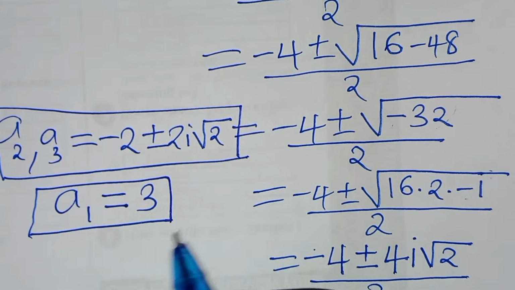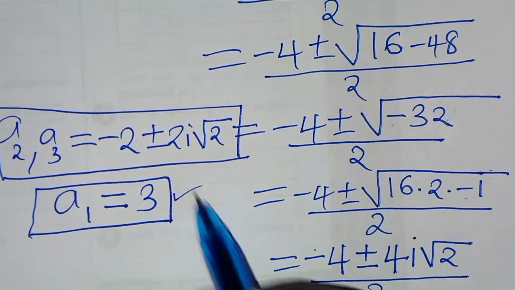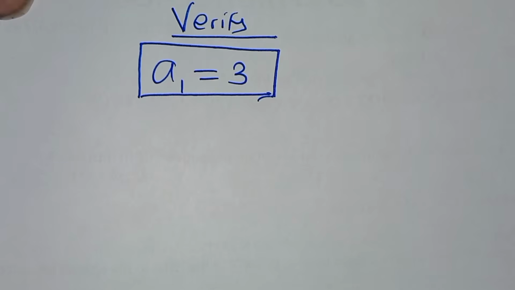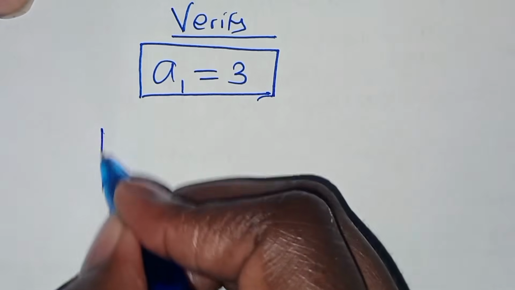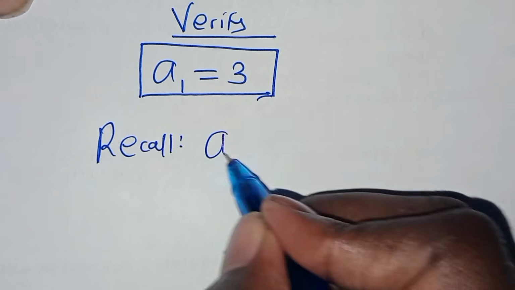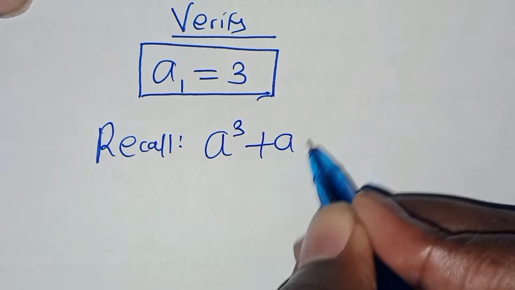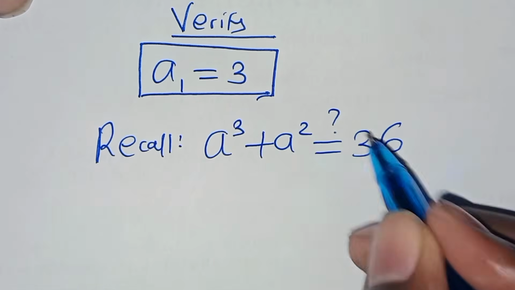Now, let's verify that a1, which is 3, satisfies the equation. If you recall, a to power 3 plus a to power 2 is supposed to give us a value of 36.